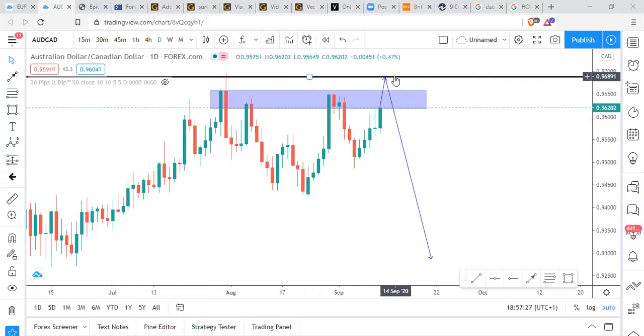That is, if someone tells you, for example, AUD card sell at 0.9500.